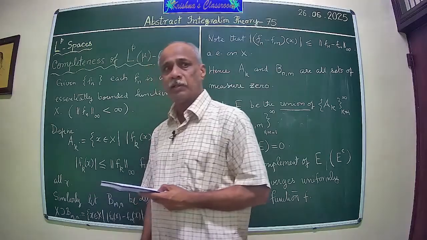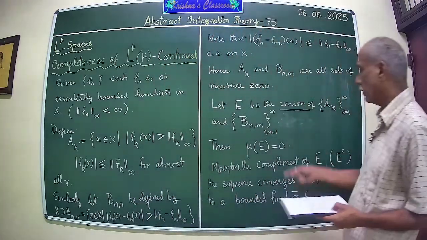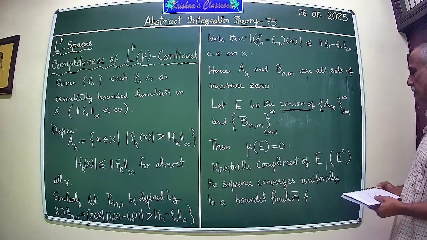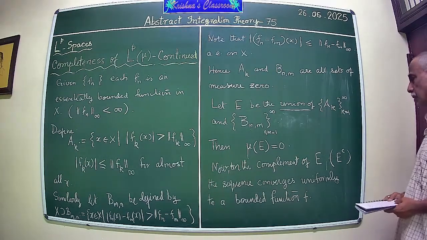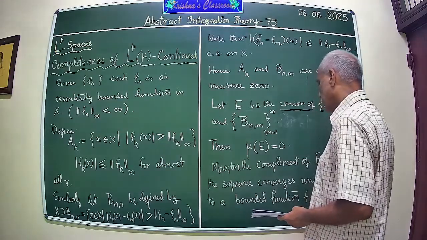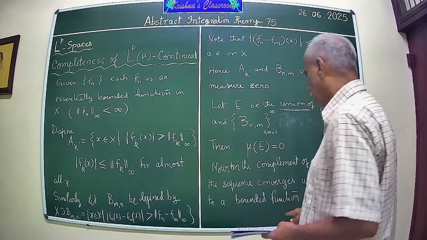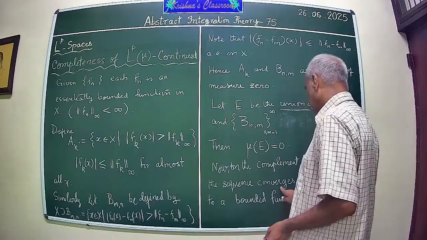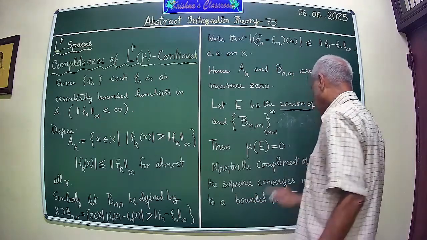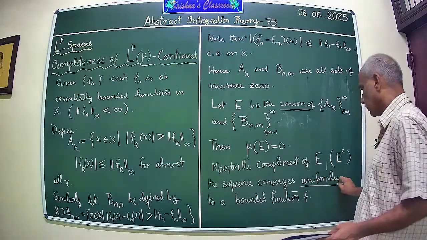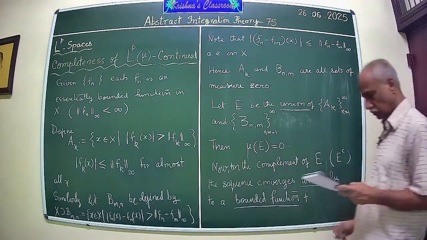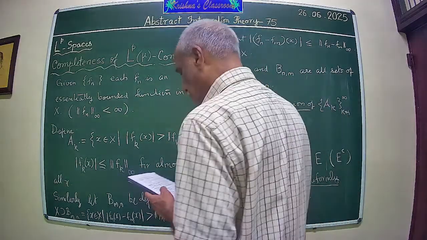So, we have these functions, each of these functions converges uniformly, or the sequence of functions fn converges uniformly to a bounded function f. So, there is uniform convergence to a bounded function on E complement.